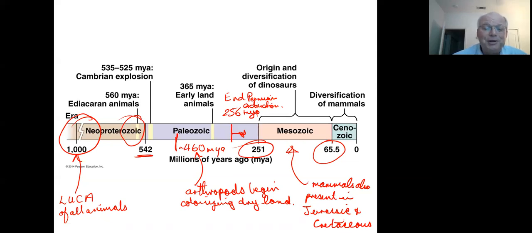However, we do know that birds maintain an internal high body temperature. So that gives us a suggestion that maybe some dinosaurs did. More of that to come in chapter 34, perhaps, if we have enough time. But we do know that mammals had to adapt to being nocturnal and insectivorous in order to avoid the dinosaurs.